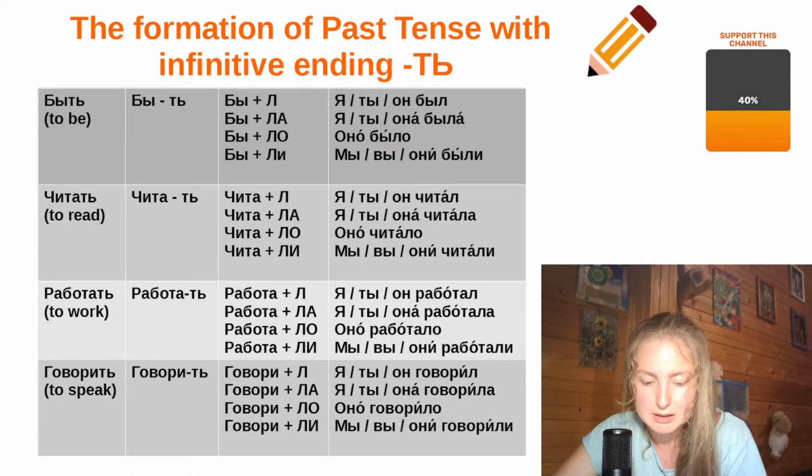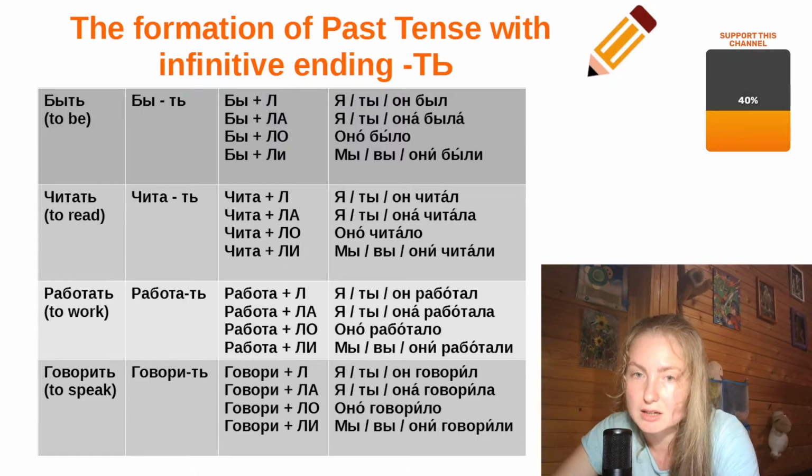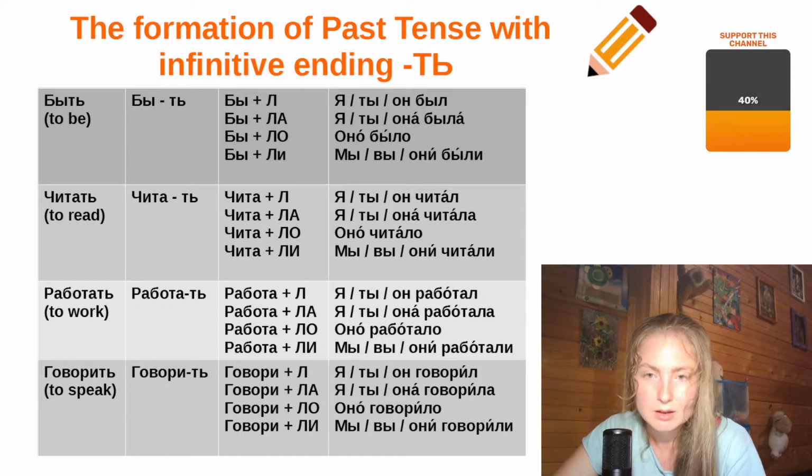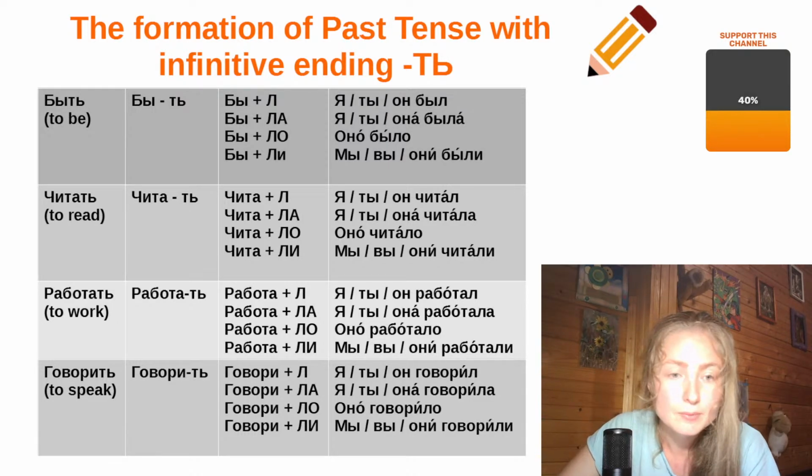Я говорила, ты говорила, она говорила. For neuter, говорило, оно говорило. And for plural, we use the ending «ли», like мы говорили, вы говорили, и они говорили. Okay, I hope that it was clear.